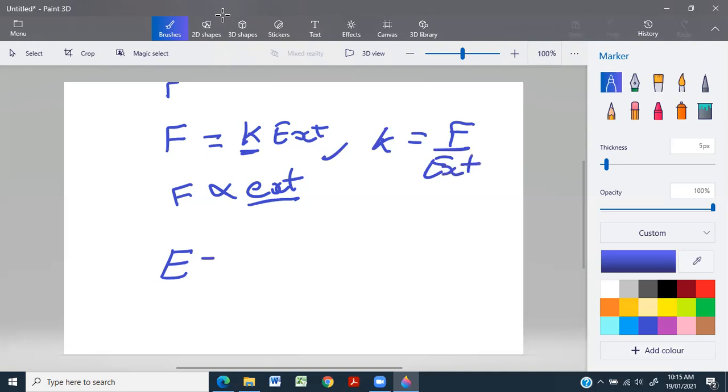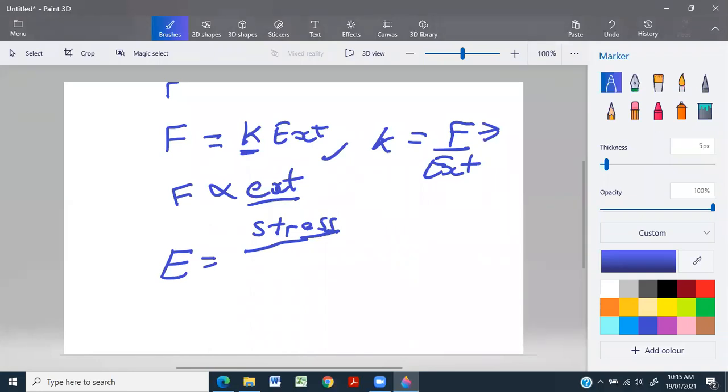But in Young's modulus case, remember, we don't want to use just forces and we don't want to use just extension. We want forces, but what exactly does that force mean in terms of the body, right? So we want to use stress. And we don't want just extension, but we want what does that extension mean in terms of the body?